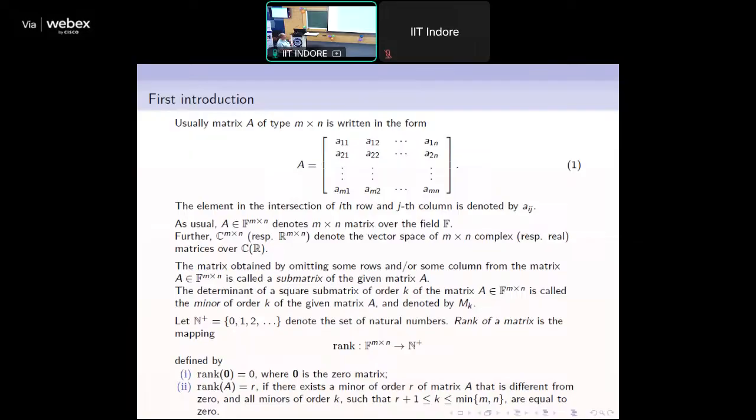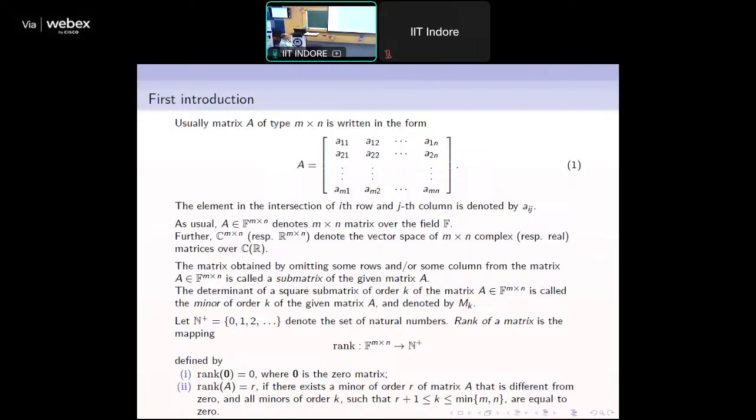You know that a matrix is written in this form. Matrix representation assumes that the matrix is divided into rows and columns. Intersections of rows and columns define individual elements.